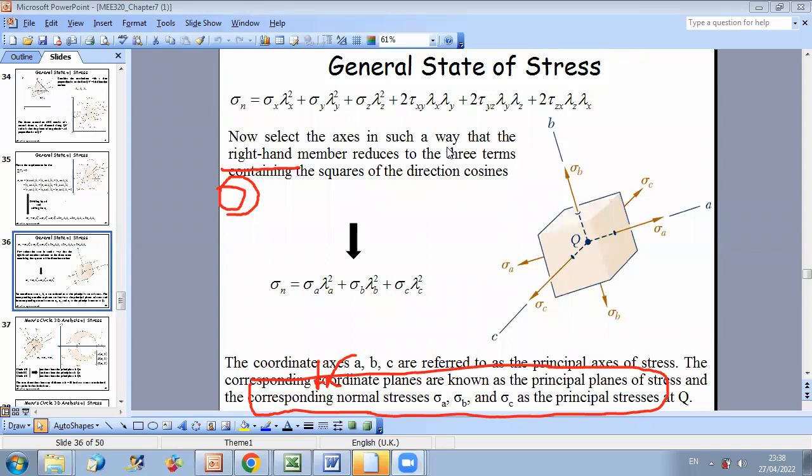So if you take x, y, z as principal axes, then the shear stress components will be cancelled. And if I know where my principal axes are, I can then determine sigma n, which corresponds to any orientation relative to ABC, by saying that sigma n is sigma a lambda a square plus sigma b lambda b square plus sigma c lambda c square.